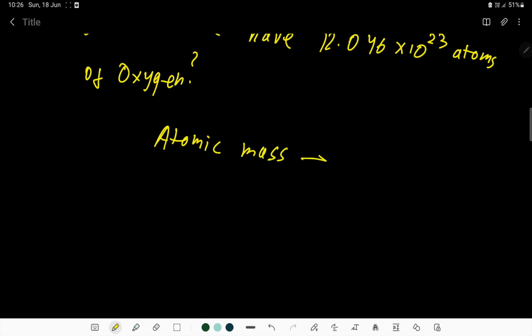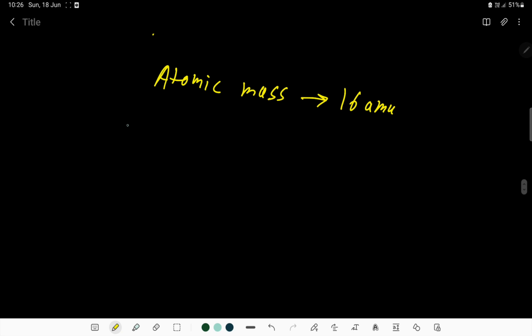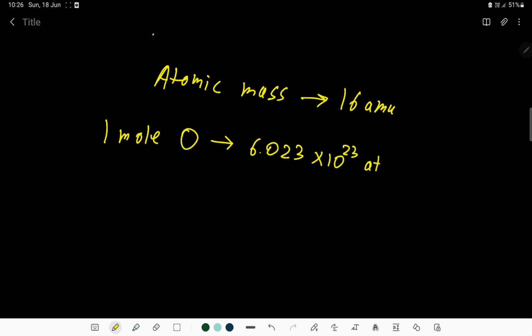We know that the atomic mass of oxygen is 16 atomic mass units. And 1 mole of oxygen is equal to 6.023 into 10 to the power of 23 atoms.